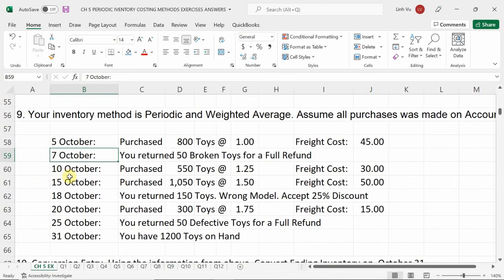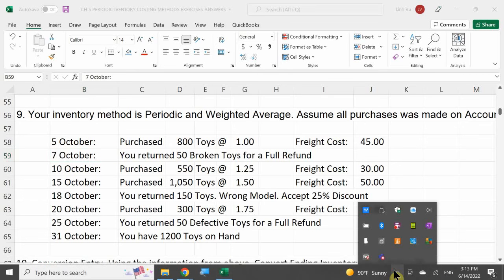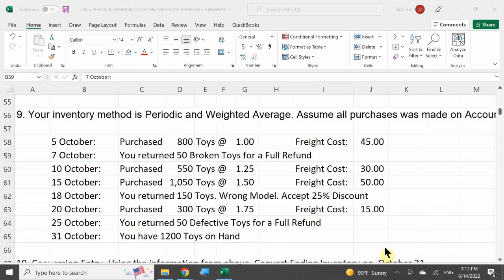So then let's see. October 10, okay? We end up purchasing 550 toys at $1.25 each, and freight was $30.